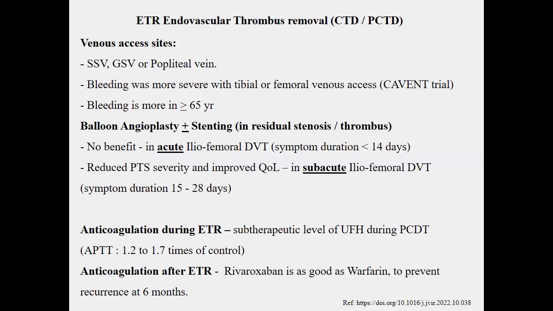Balloon angioplasty or stenting at the same setting of the thrombolysis is not recommended according to the ATTRACT trial. In acute iliofemoral deep vein thrombosis, we should not do that. However, in subacute iliofemoral deep vein thrombosis, POBA, or plain old balloon angioplasty of the offending vein, resulted in reduction in the severity of post-thrombotic syndrome.